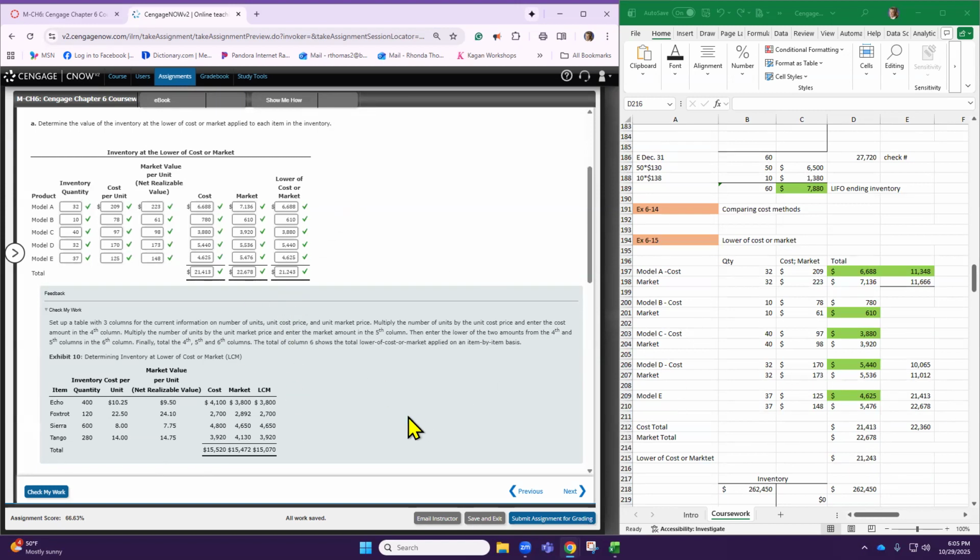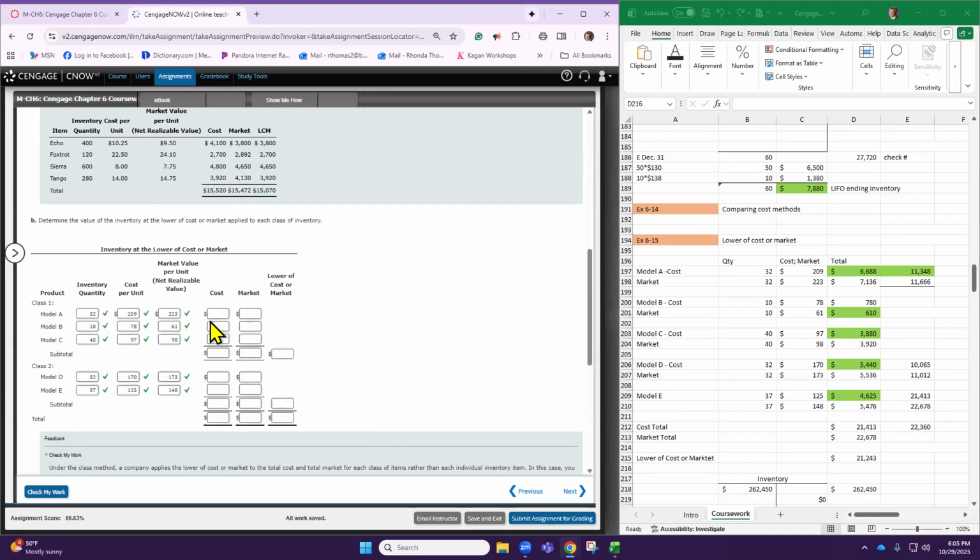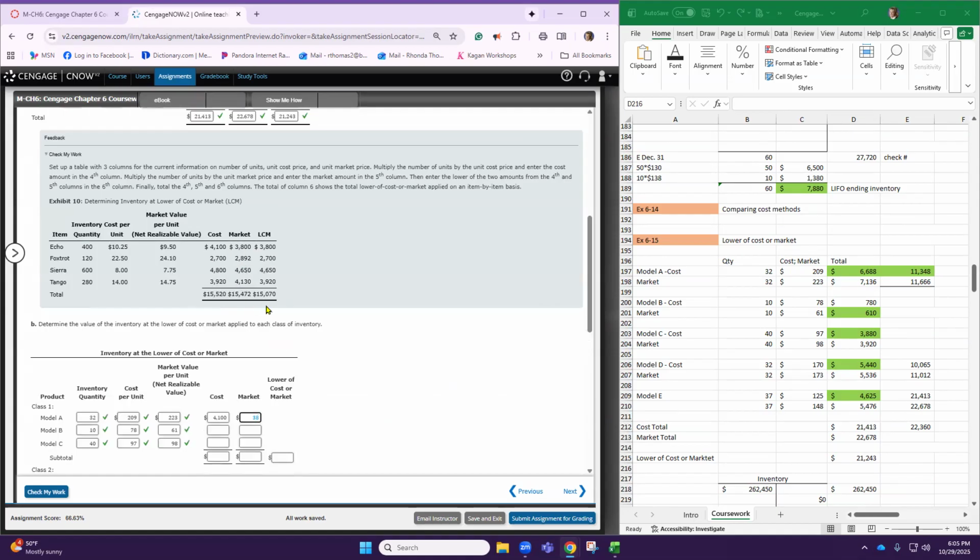Now we shouldn't have to do any more math as far as the totals, but we might have to for our subtotals. So I'm just going to look up here, $4,100, $3,800. No, this is an example. Sorry, you can't do that.